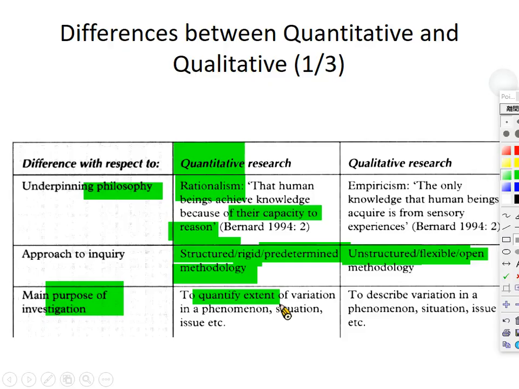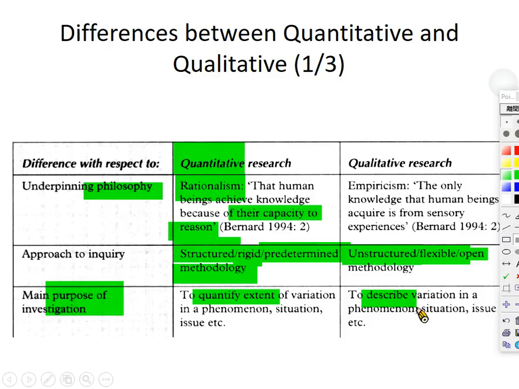So basically, we try to give them numbers, to quantify, to count, to calculate. And how about qualitative research? We emphasize quality, right? So how can you represent the quality of some phenomenon? You need to describe the variation in a phenomenon, situation, etc. You try to describe, okay?